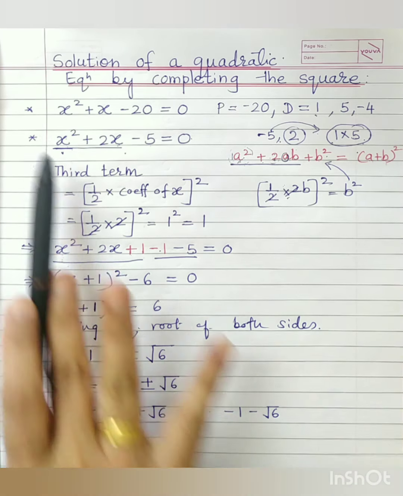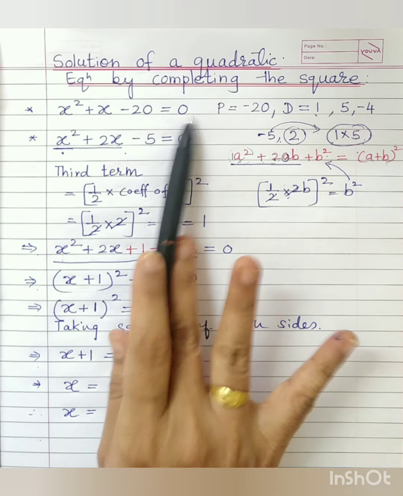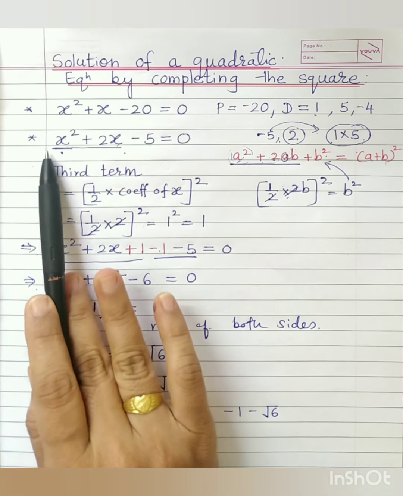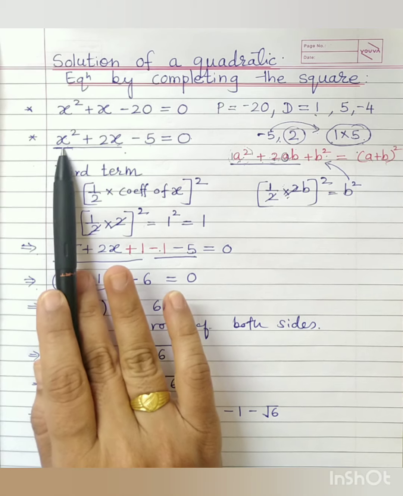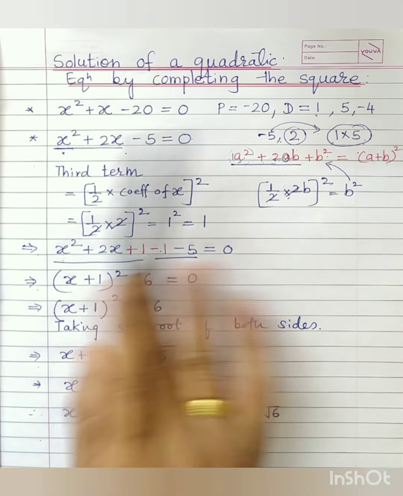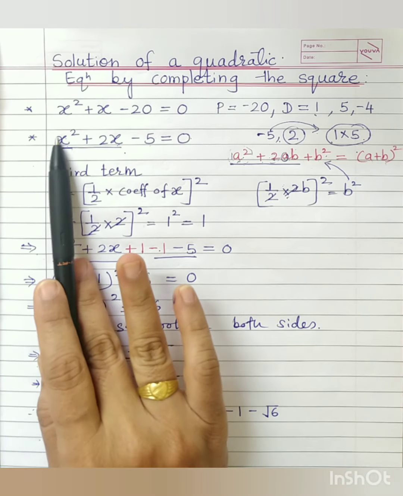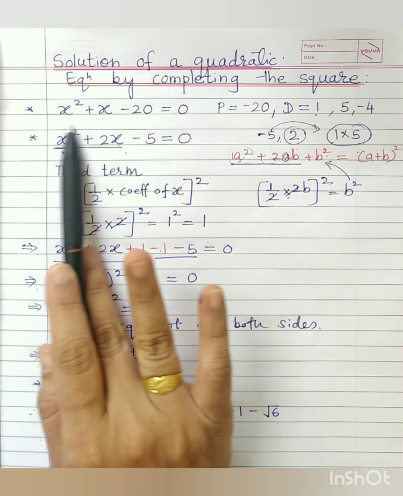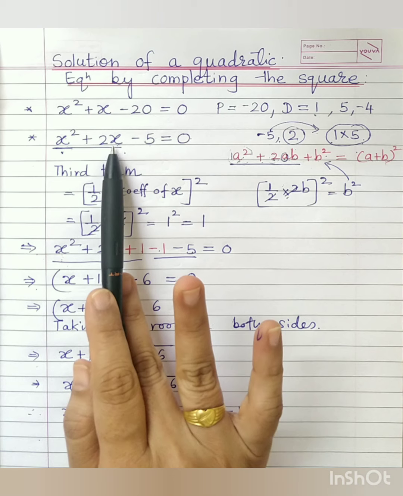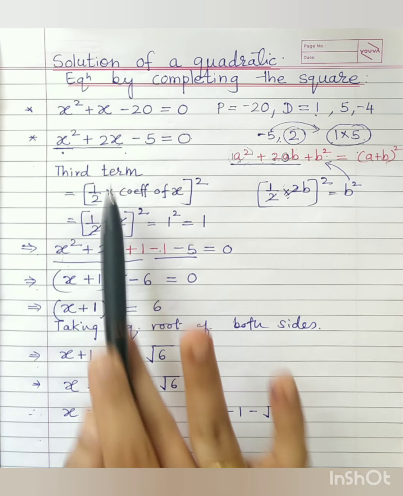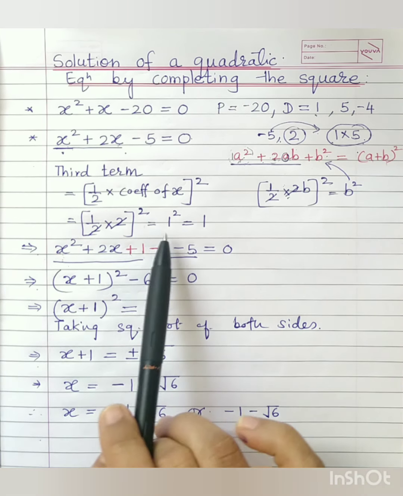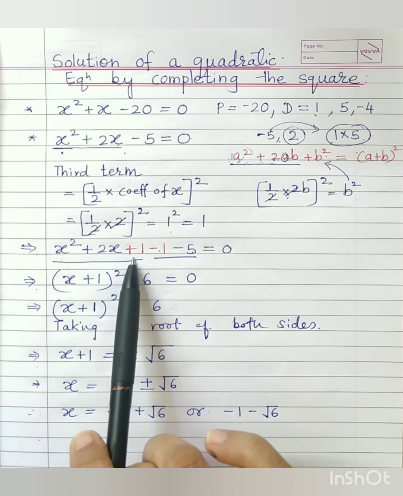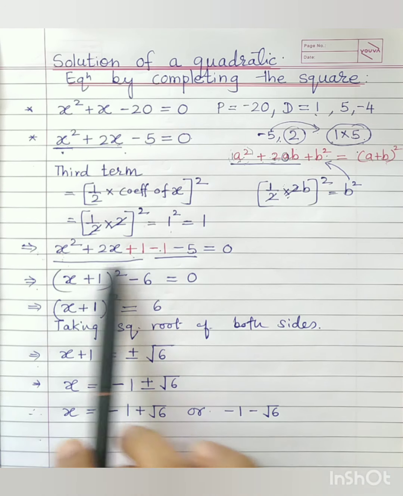Step number 1, check if the equation is in standard form. Step number 2, check the coefficient of x square. It should be 1. If not, I will take one example to show you that we have to make it 1. Then the first two terms we are going to consider as a perfect square trinomial. So we need to find a third term. Using this formula we can find it. Adding that term, we shall get the first two terms followed by this third term.